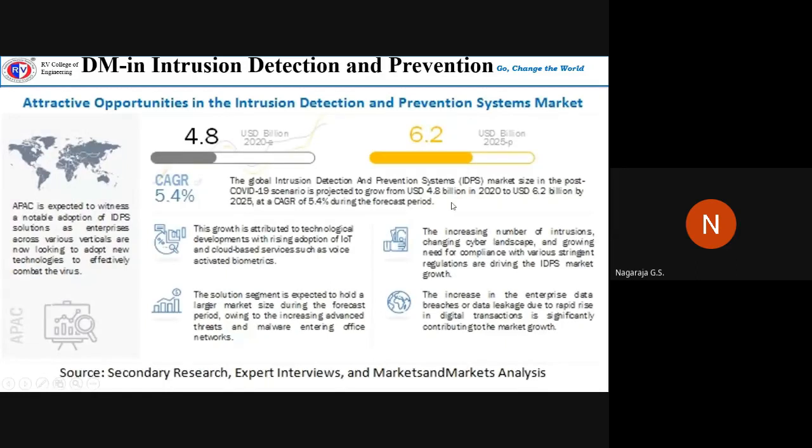These are some of the analyses you get by running machine learning algorithms related to the global intrusion detection and prevention system with respect to COVID-19 scenarios. Basically, you get these statistics provided you have the data, and you run it with a specific machine learning algorithm. Then you may get the projected results. So this is one survey that you have.